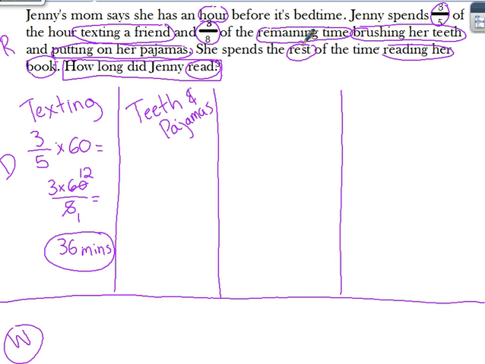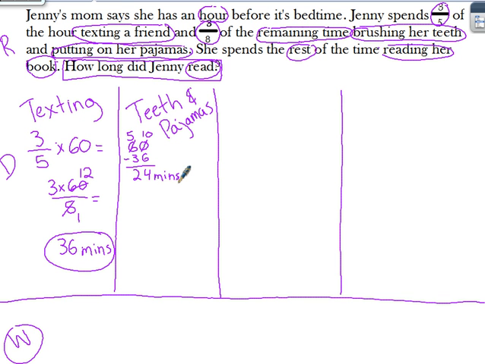So we have to figure out how much remaining time she had. We're going to take the 60 we started with, and we are going to subtract the 36 minutes that she was texting her friend. I need to borrow here, so I turn the 6 into a 5 and the 0 into a 10. 10 take away 6 is 4, and 5 take away 3 is 2. So she had 24 minutes remaining.